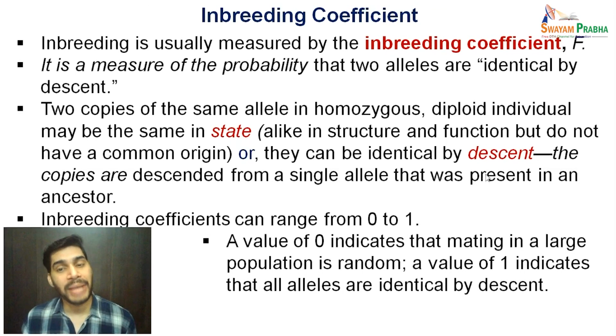Or they can be identical by descent, that means the copies are descended from a single allele that was present in an ancestor. The inbreeding coefficient can range from 0 to 1. A value of 0 indicates that mating in a large population is random, whereas a value of 1 indicates that all alleles are identical by descent. So using this inbreeding coefficient, you can predict the level of inbreeding.